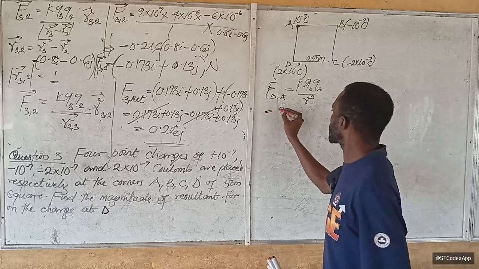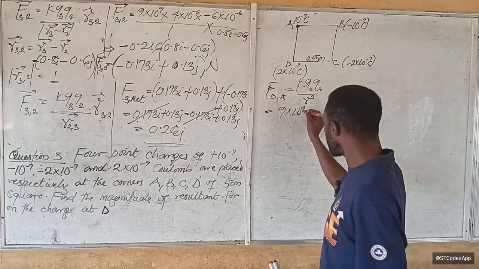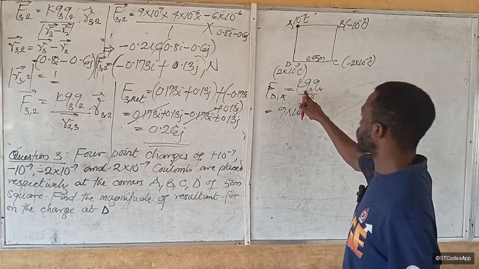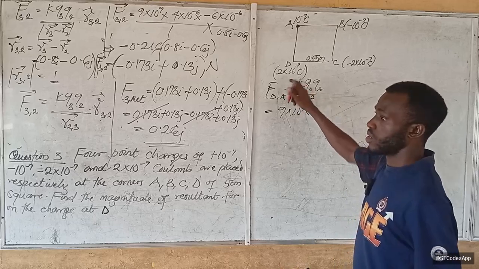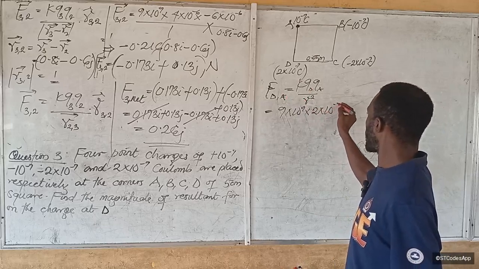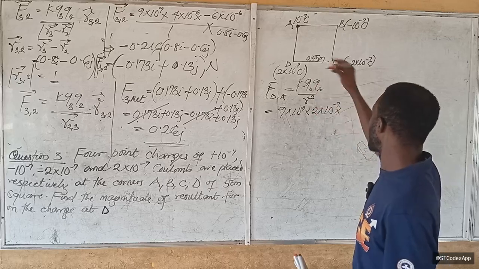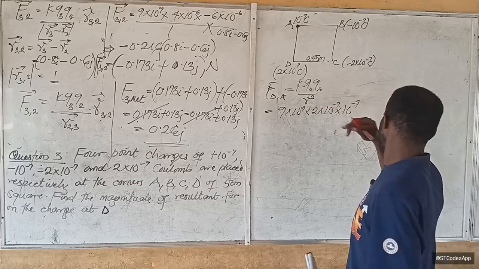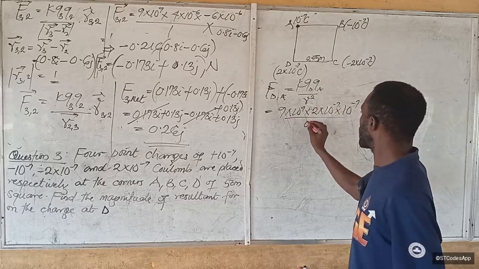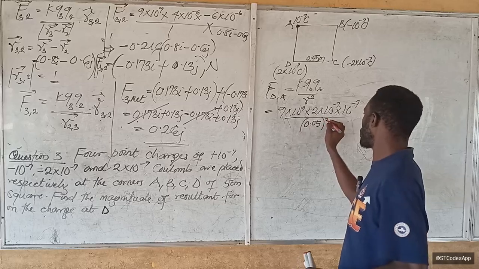So we have K, which is 9 times 10 to the power 9, multiplied by Q_D, which is 2 times 10 to the power minus 7, times Q_A, 10 to the power minus 7, all over R squared. The distance is 0.05, all squared.